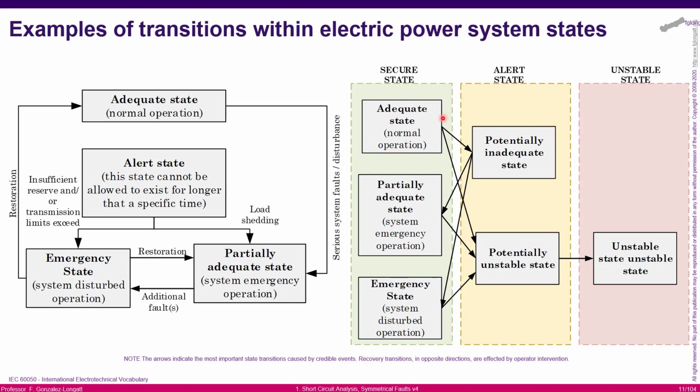Here you can see again, secure state. We are in a normal state, but in this case we have all the variables inside the limits. Then we have the alert state, where something potentially wrong can happen, and then we go to unstable, and that is where we don't want to go, okay?